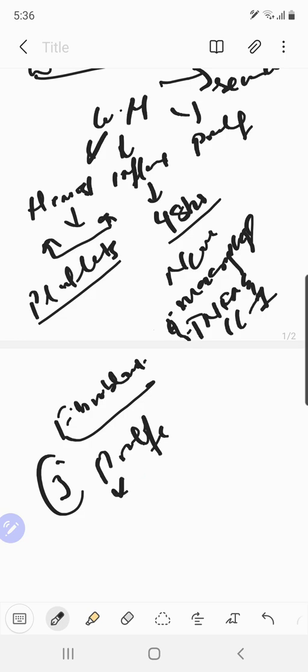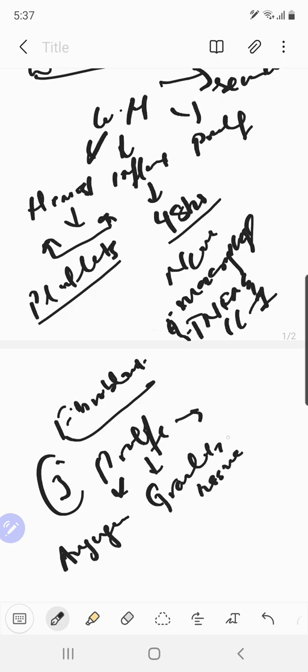During this phase, angiogenesis occurs, and there is formation of granulation tissue, and the fibroblasts lay down the extracellular matrix material, and eventually transform into myofibroblasts, which then contract and bring the wound edges together.